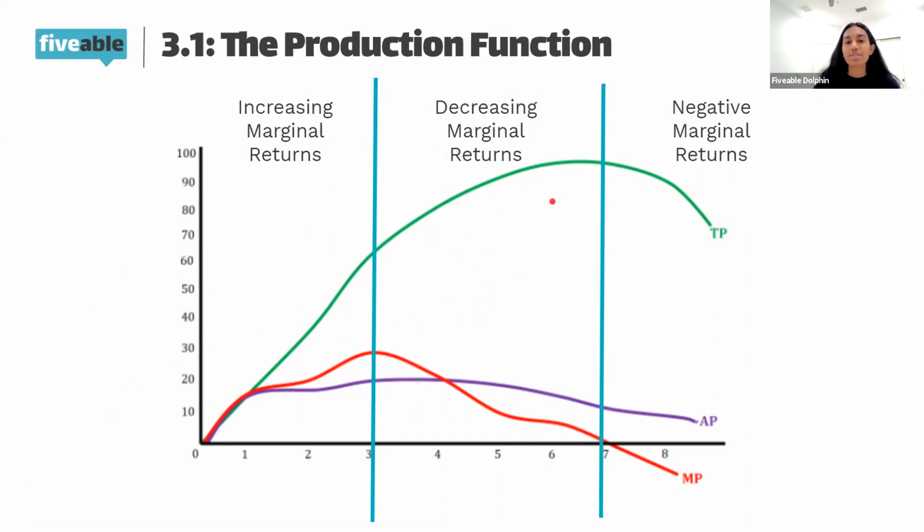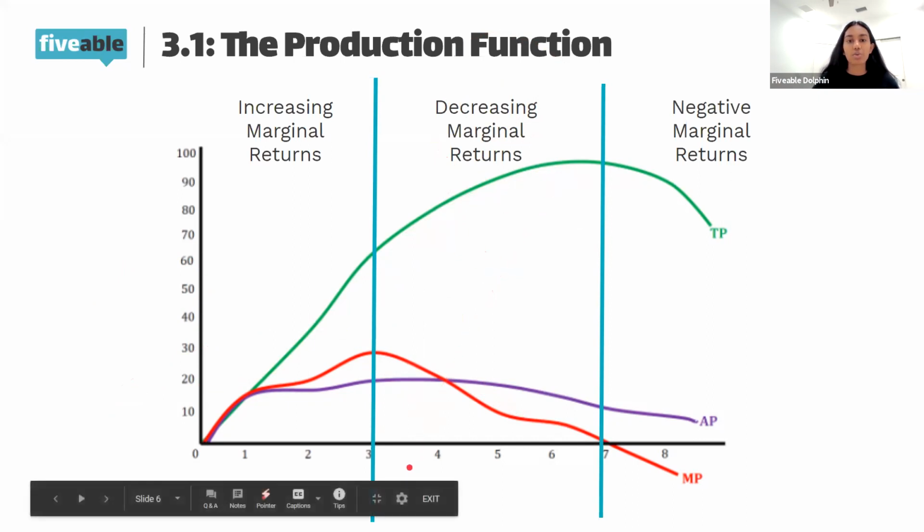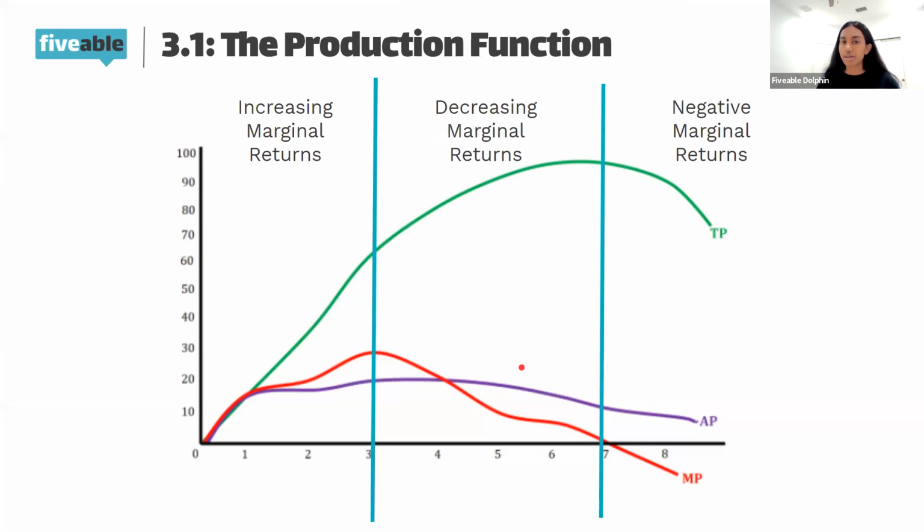And this is because there's fixed resources. This whole graph is in the scope of fixed resources, by the way. Going back to the pizza example, once you get up to a certain amount of workers, there's only a limited amount of resources.